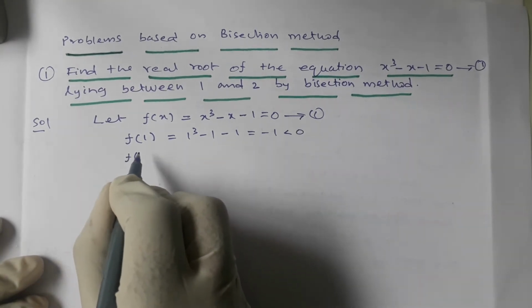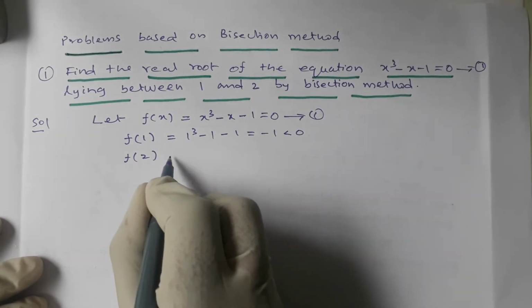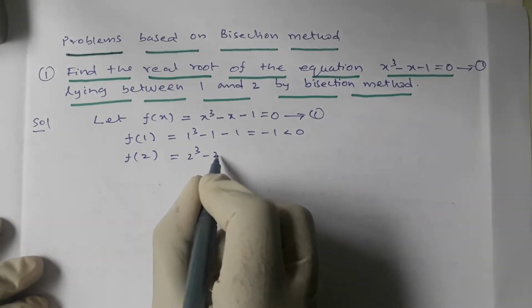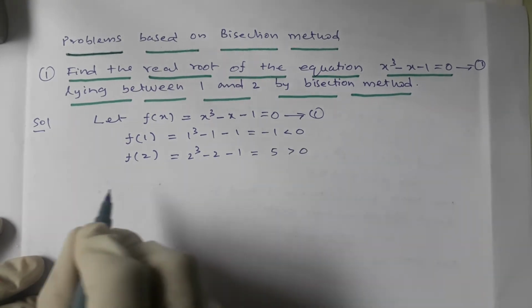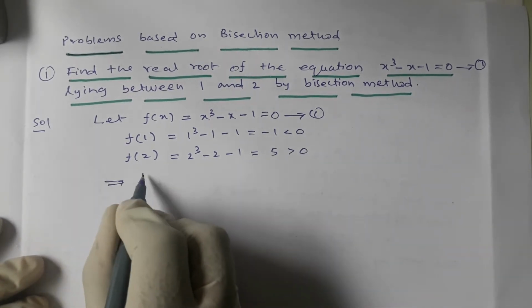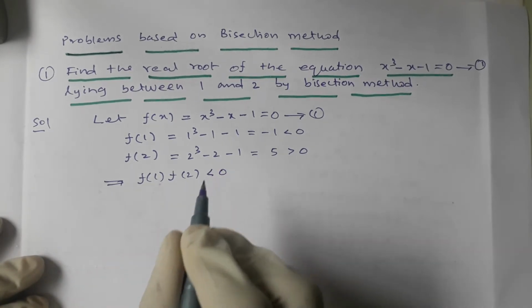For the next bound, x is equal to 2, f of 2 is equal to 2 cube minus 2 minus 1, which is 5, greater than 0. So f of 1 into f of 2 is less than 0.